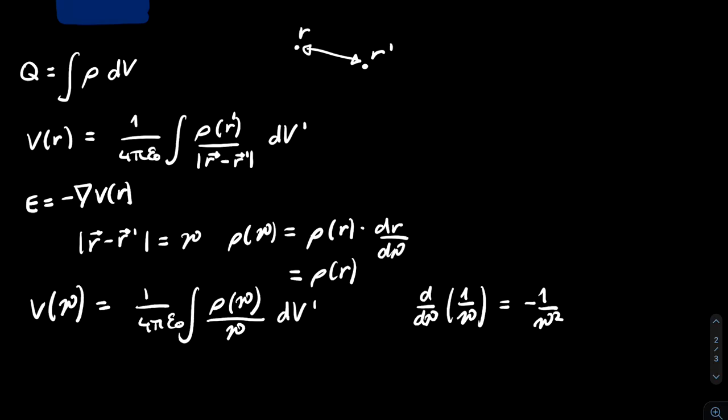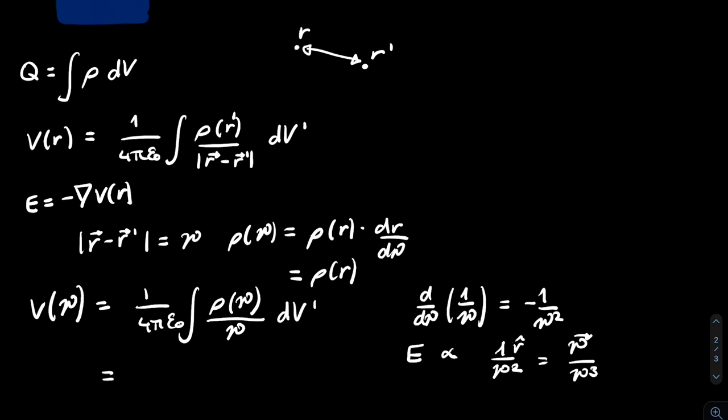But when we take the electric field, we get rid of this minus sign, because this minus sign is going to cancel with that one, and so we just get 1 over modulus of r squared, which we can also write as r vector over modulus of r cubed, because of course there is going to be an r hat right there.